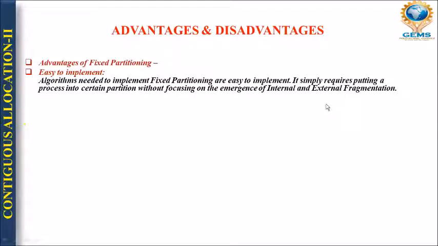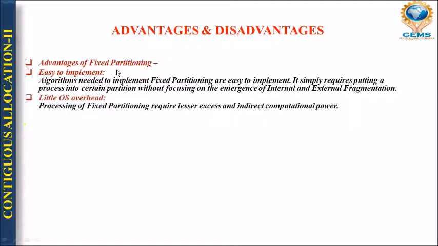Whenever we are putting the process into the memory, we don't concern ourselves with how much memory will be wasted. We only have to put the process into the main memory, that is the only concern with fixed partitioning.